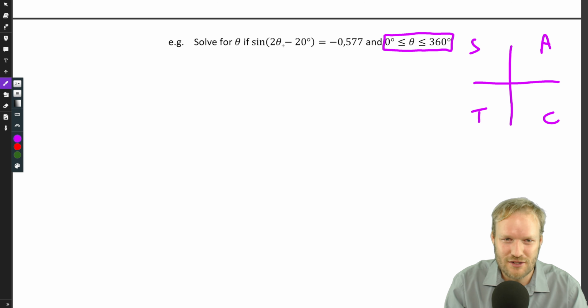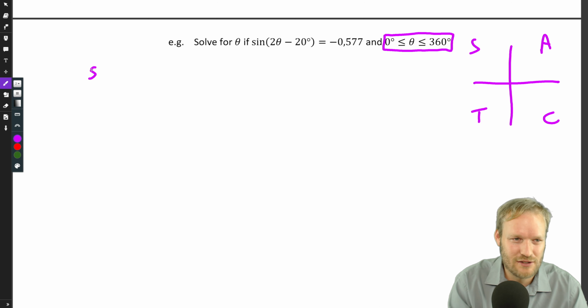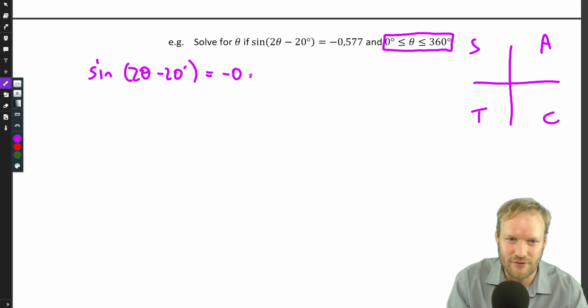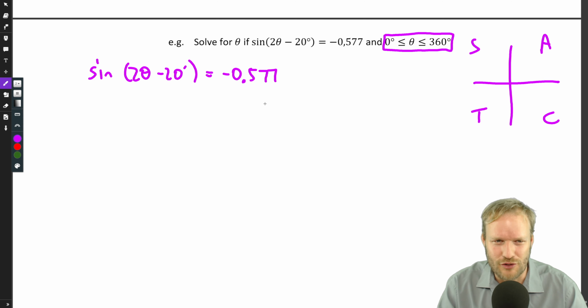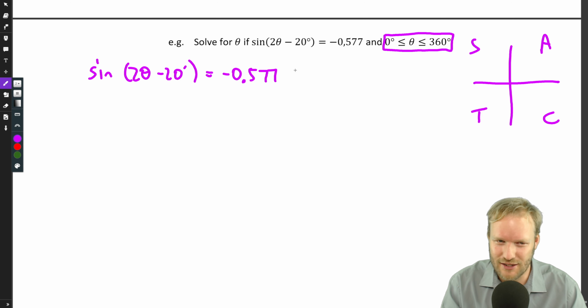First bits are sine 2 theta. I'm just going to write it as we're given it here. Sine of 2 theta minus 20 degrees equals some sort of magic value. Now, lots of the work was already done for us. It could have been 2 sine and then we had to divide both sides by 2 or something like that.